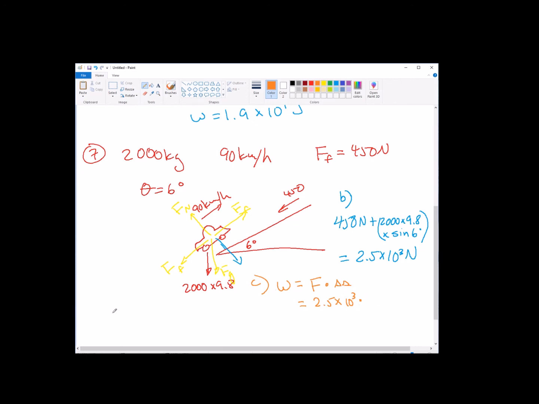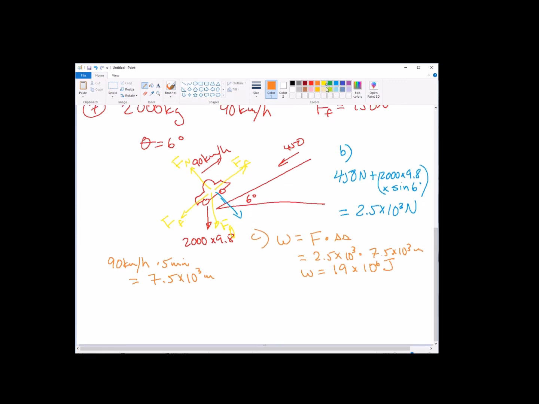Oh, we need to find it first. 90 kilometers per hour times 5 minutes. So do your conversion between hours and minutes and kilometers and meters. And you should get 7.5 times 10 to the 3 meters. And the work is 19 times 10 to the 6 joules.